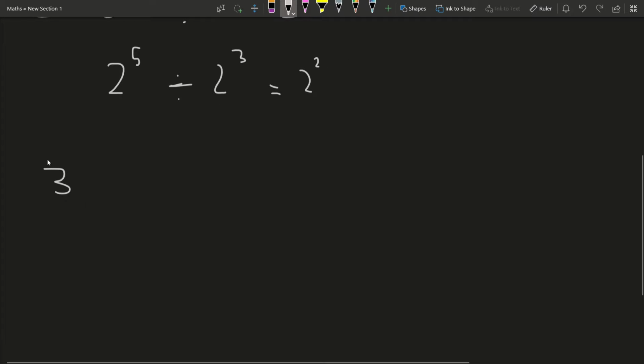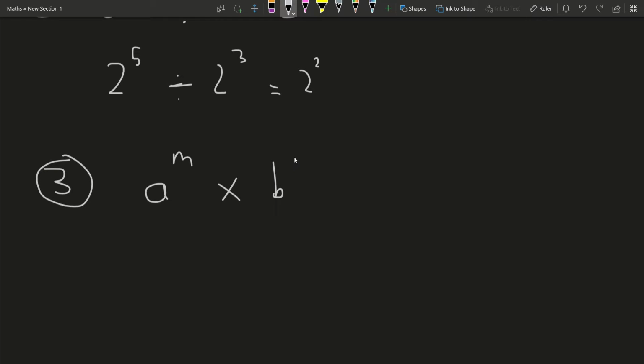And we have the third law, a to the power m into b to the power m. So what would we do now? Well, we would simply just write (a into b) whole to the power m.